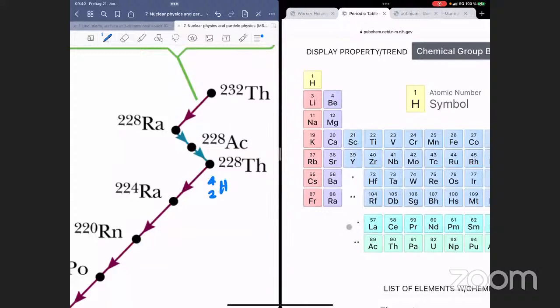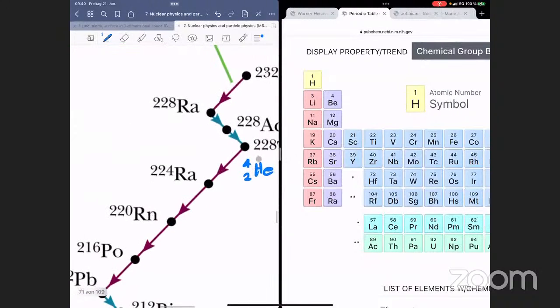We're going to get back to radium 88. But radium with 88 protons has only 224 nucleons. And this is the emission of, oh sorry, this is helium, not hydrogen. And this is the process of alpha particle emission.